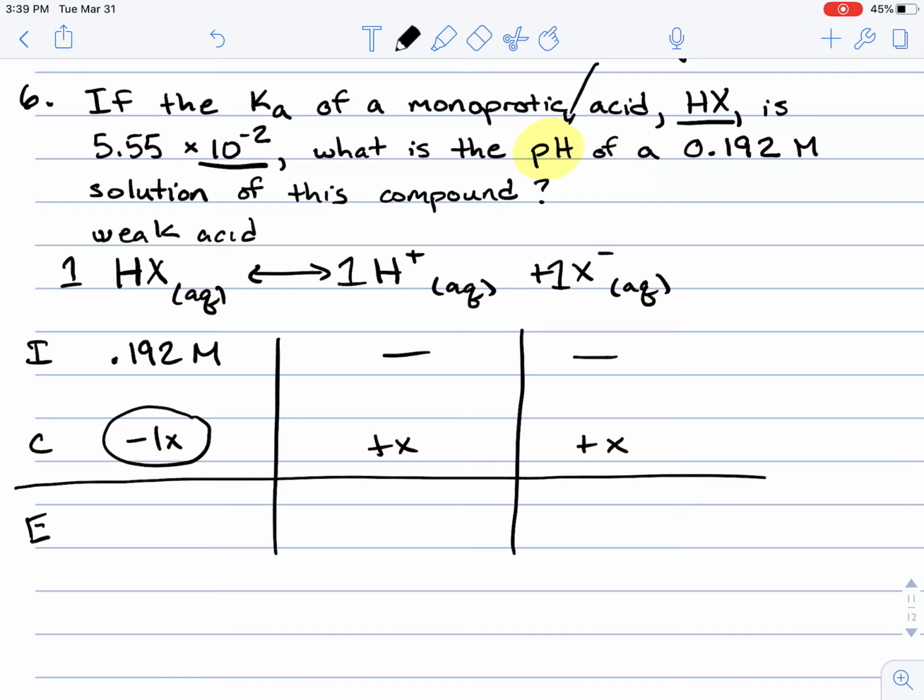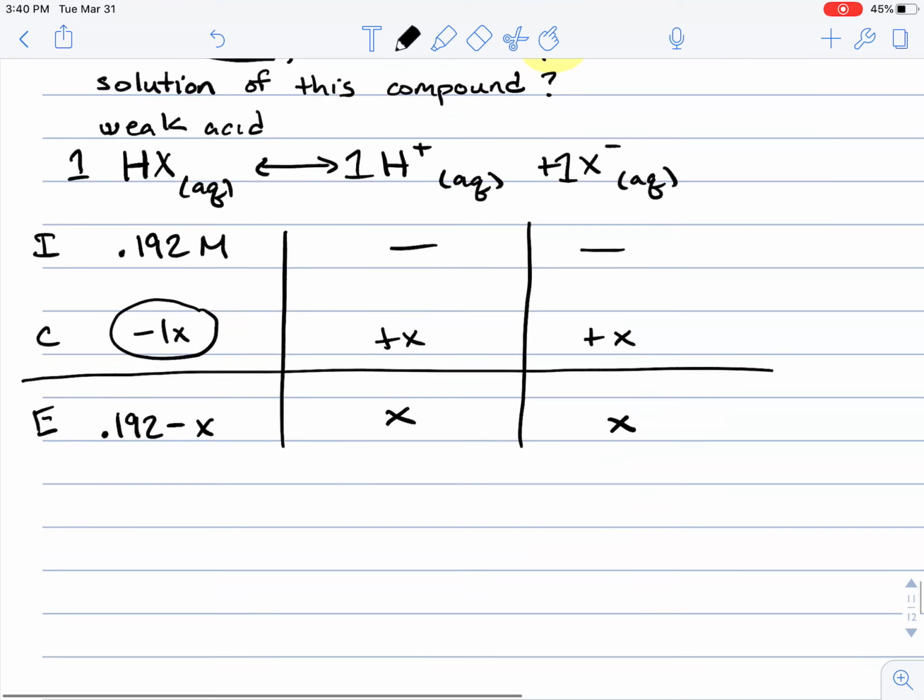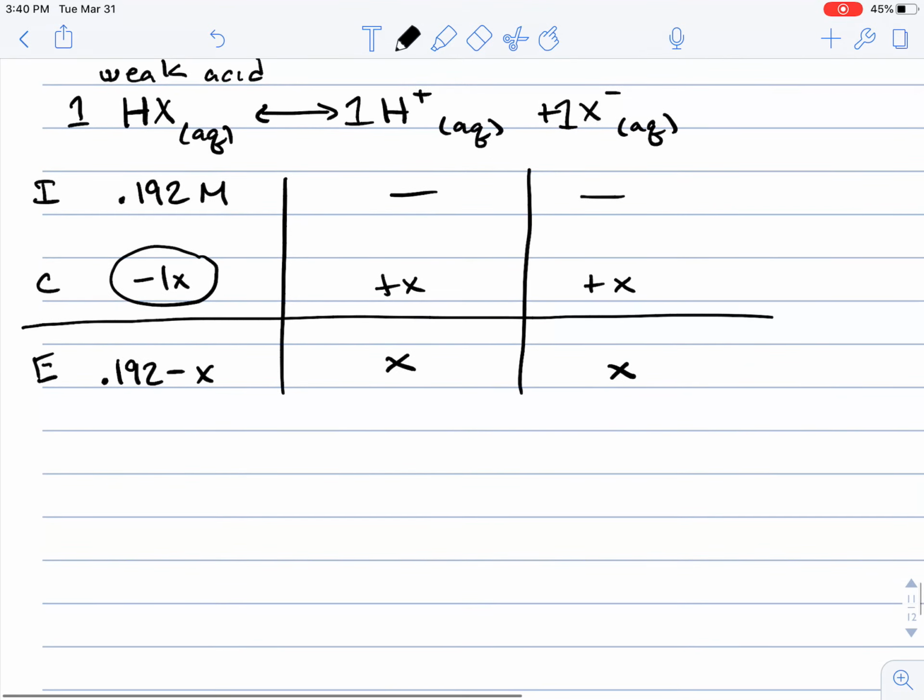So the equilibrium expression for HX is going to be 0.192 minus x. And the equilibrium expression for H plus is going to be x. And the equilibrium expression for the conjugate base, X minus, is also going to be x. And so we're going to go ahead and develop our mass action expression.